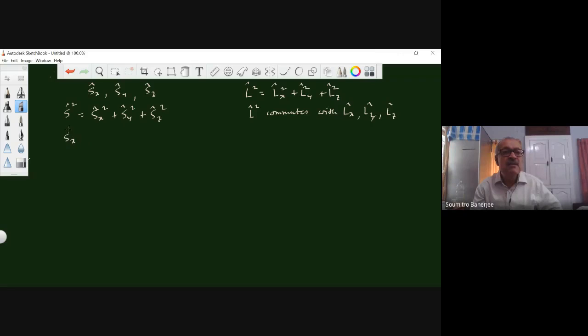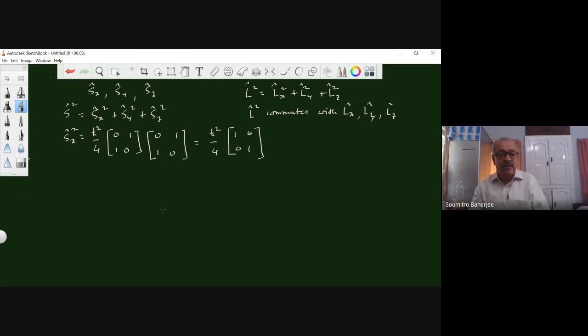So Sx square is h cross by 2 square, so h cross square by 4, and if you just work out the matrix, 0, 1, 1, 0 times 0, 1, 1, 0, this will give you just the identity operator, 1, 0, 0, 1.